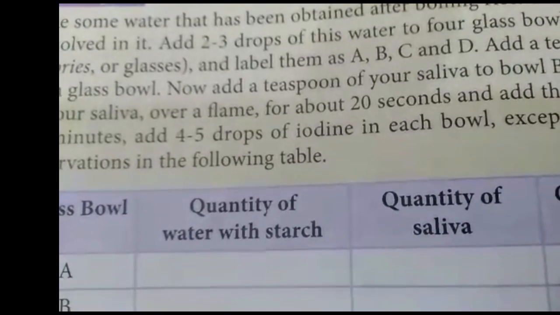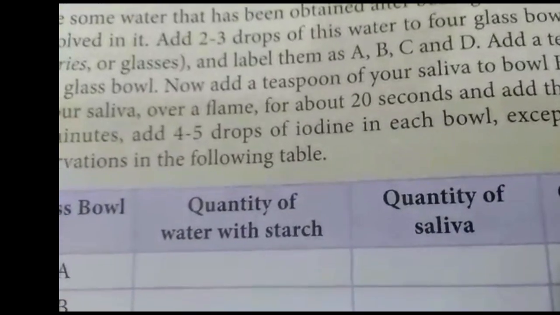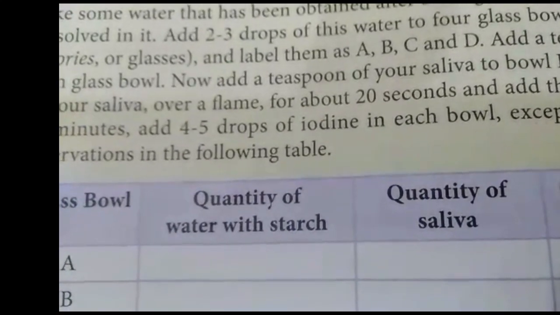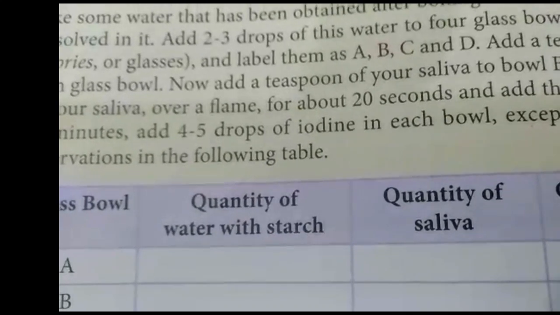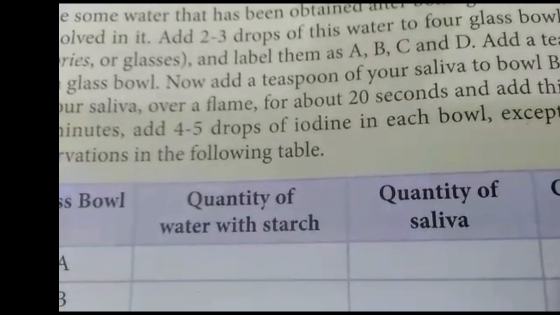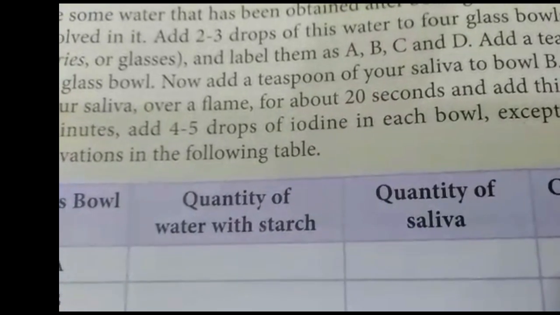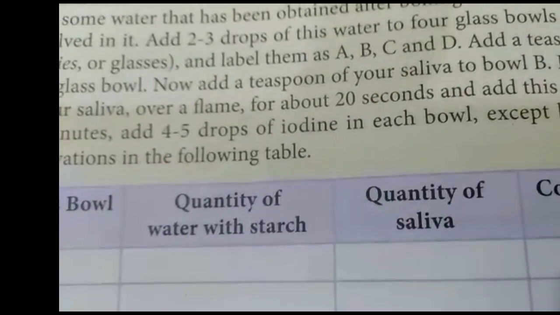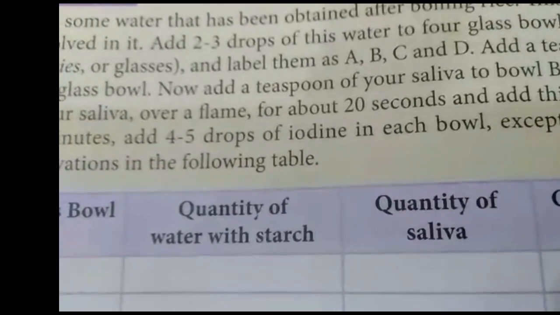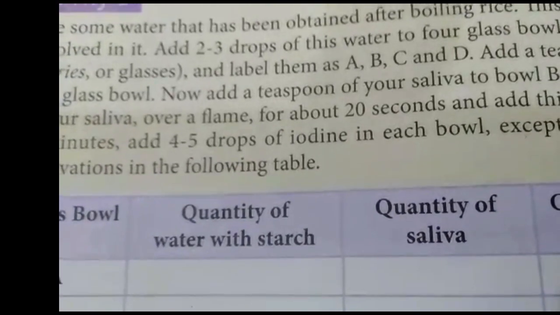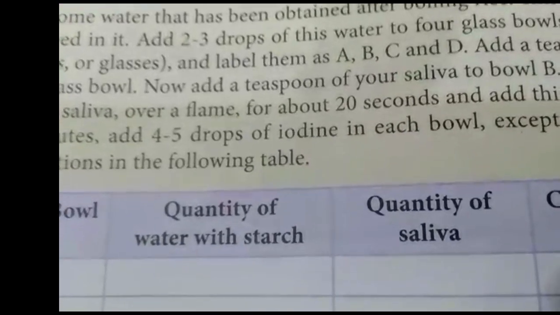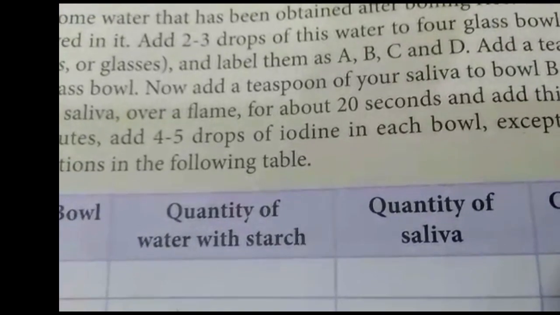And in C, what have we done? We have heated the saliva and then added it to the starch, so the color will change. We will see the color change. In C the color will change, because when we heat saliva it loses its property, and now saliva will not break down the food into simpler forms like glucose or simple sugar.